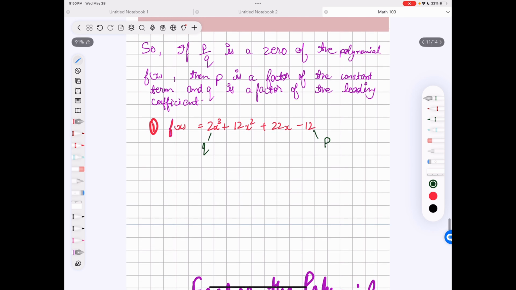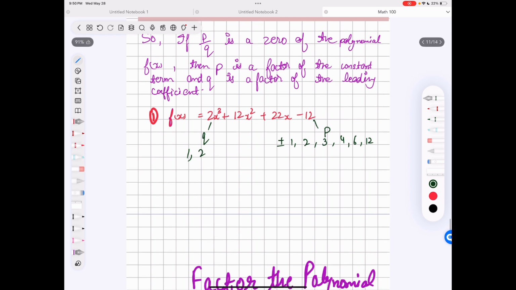And what are the numbers that go into 12? It could be plus or minus 1, 2, 3, 4, 6, and 12. And for the 2, we can multiply 2 by 1, and 2 into 1 is 1.